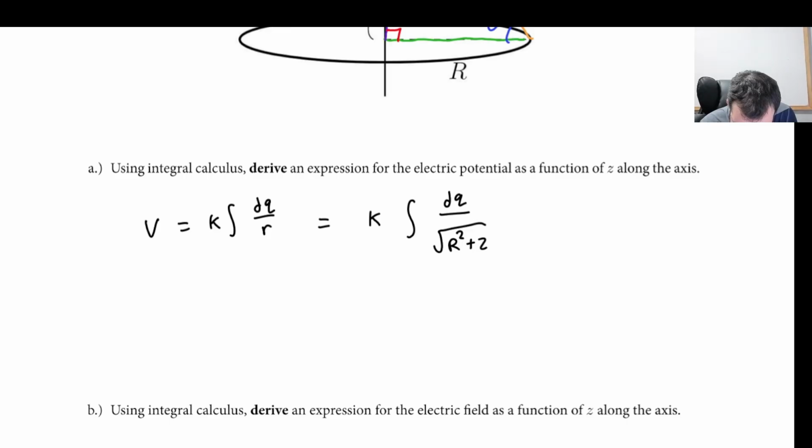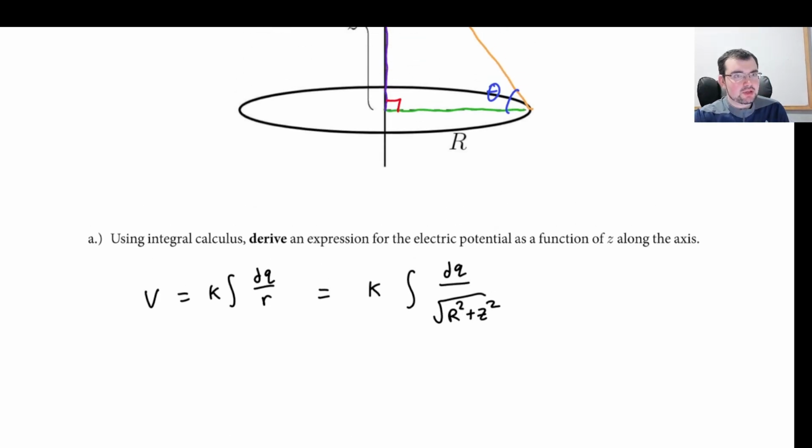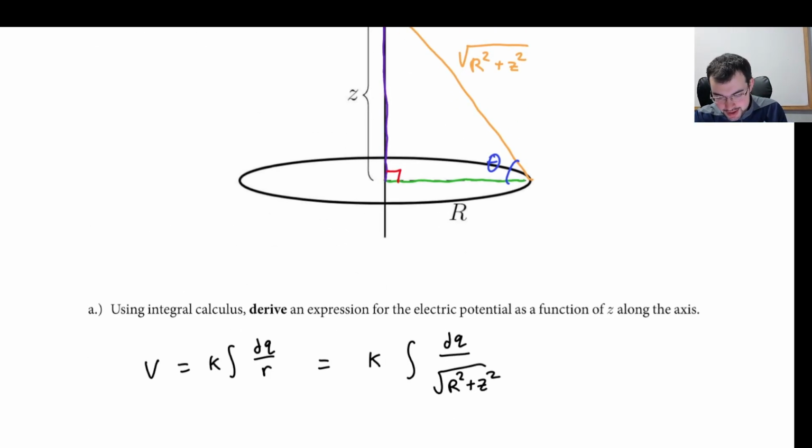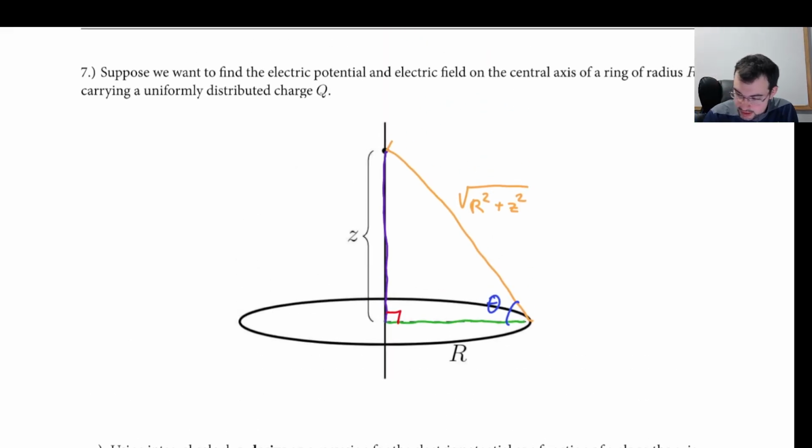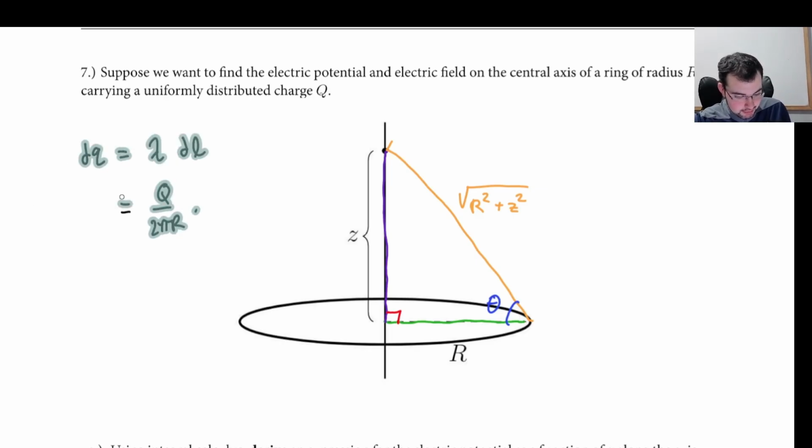So we're going to use something we learned from the arc example to not instantly skip to breaking apart dq. We totally could, and you will totally get a right answer by saying dq is lambda dl, which is going to be some form of lambda q over 2 pi r times blah, blah, blah. You could do this. It will work. But we'll show that patience kind of works out here.